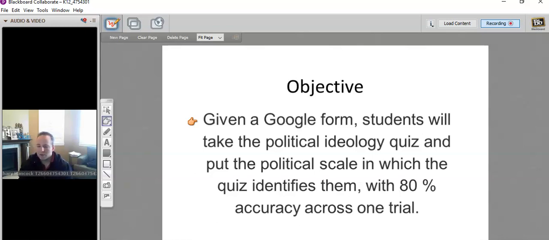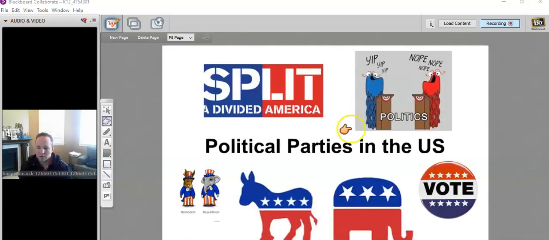I'm not saying choose one over another or anything like that. To fit your political ideology, you probably want to see where you fall in between, okay? So that's what we're going to work on today. I've got a couple slides we'll go through, and then we'll get to the assignment.